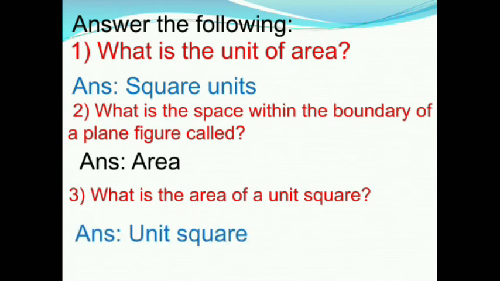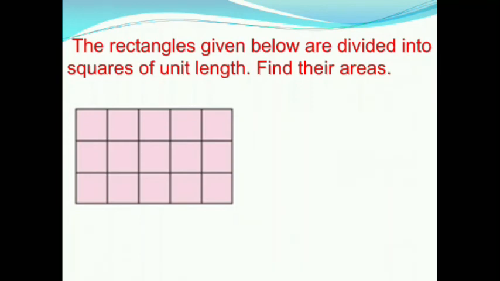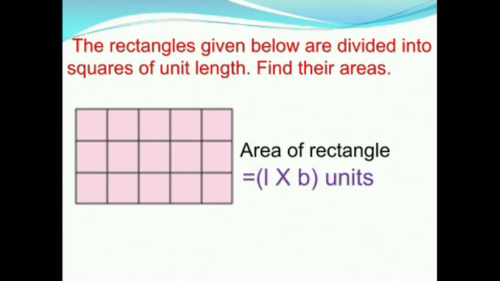Yes, unit square. Children, now we will find the area of rectangles. Here the rectangle is divided into squares of unit length. What is the formula to find out the area of rectangle? Yes, it is L into B units. Let us count the length and breadth. First we should count the length. 1, 2, 3. Length is 3 units.